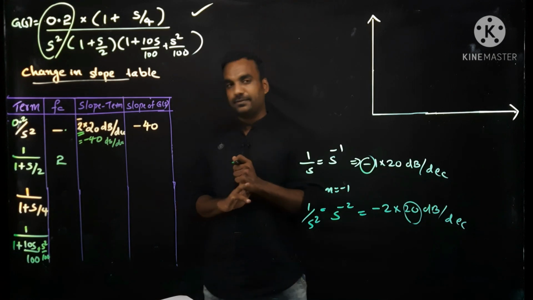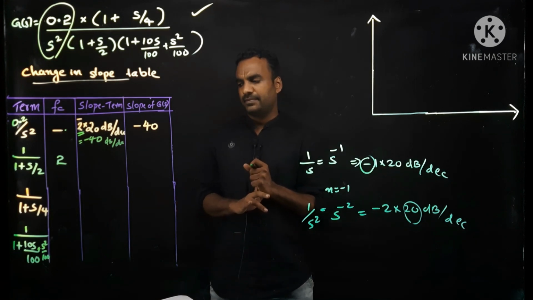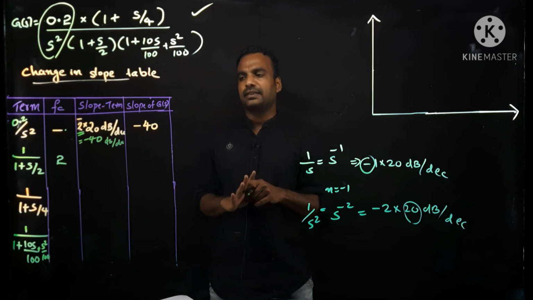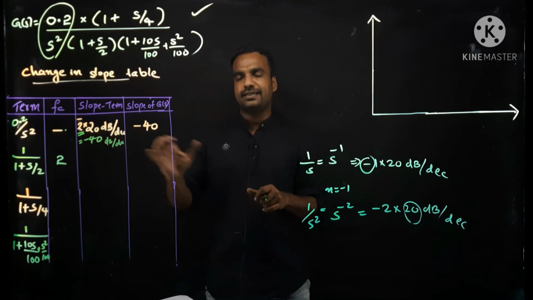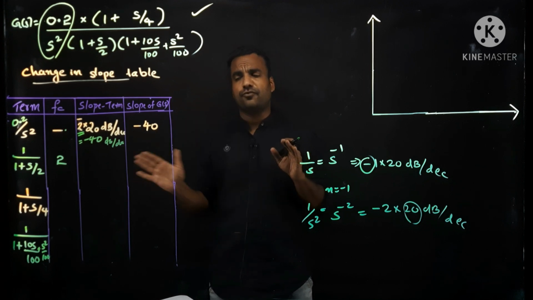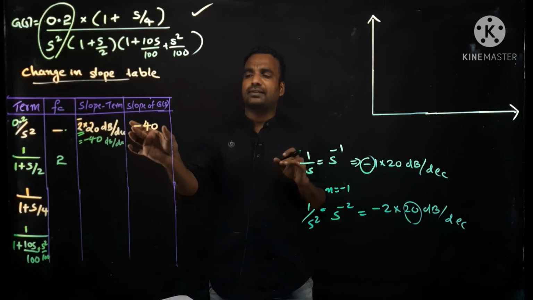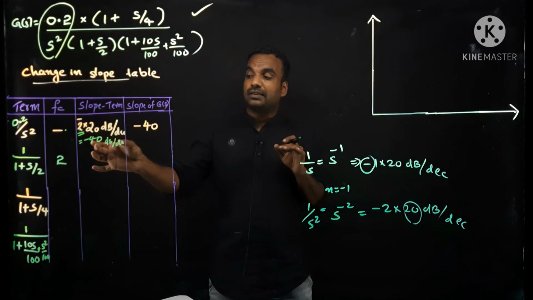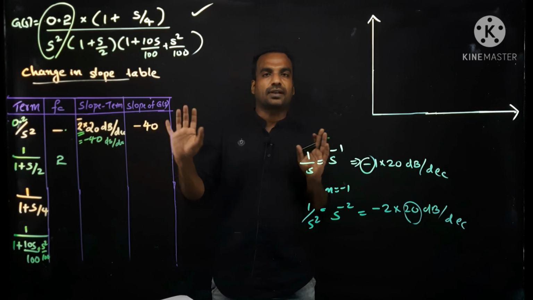At present, this is the initial slope, so there is no slope before this. So the entire slope is minus 40 itself. That is, for the first term, the term slope will be the slope of the transfer function.